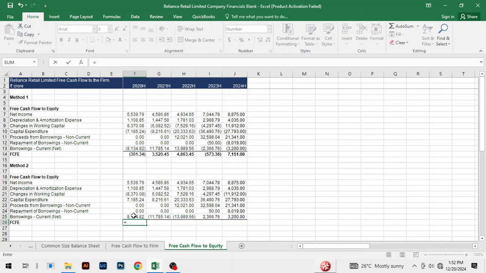And then let's try to apply the formula here. So here, net income plus depreciation minus changes in working capital minus capex plus proceeds minus repayments, and then here we can work with a minus.